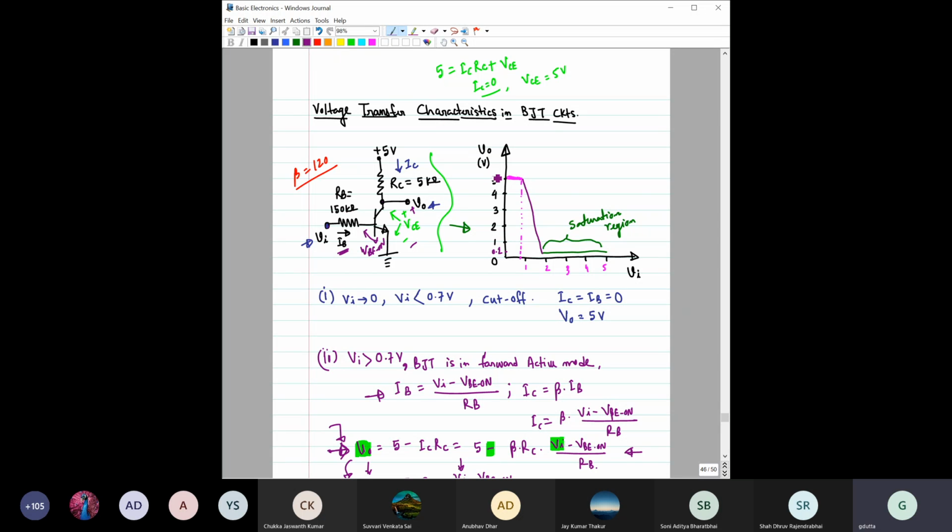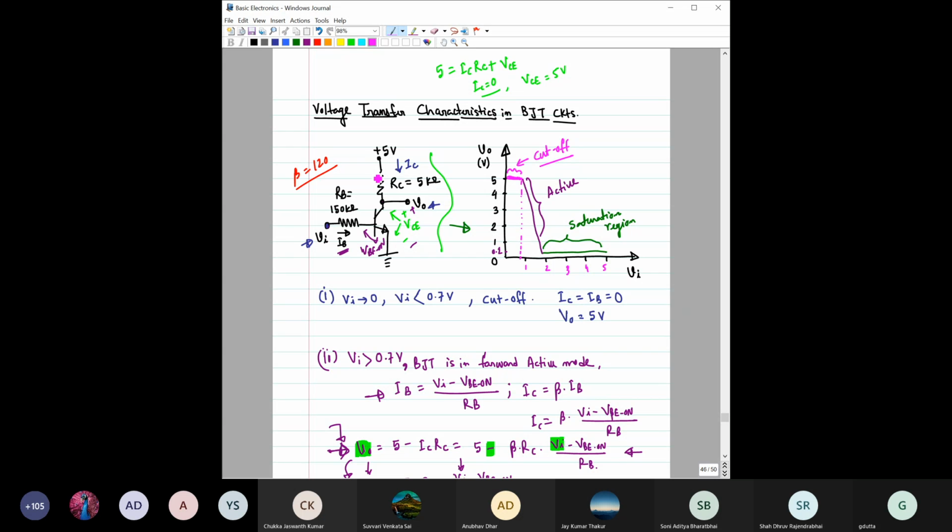In this particular region, the transistor is operating in the active mode. And till this region, the transistor is in cutoff. So cutoff, active, and saturation. And you can see the behavior of these regions in terms of output voltage.